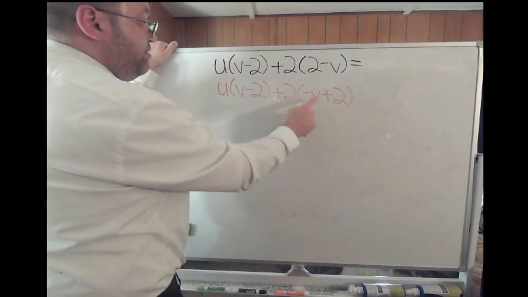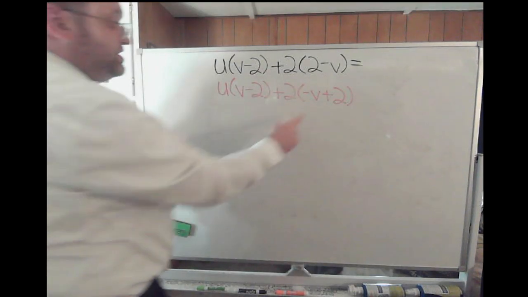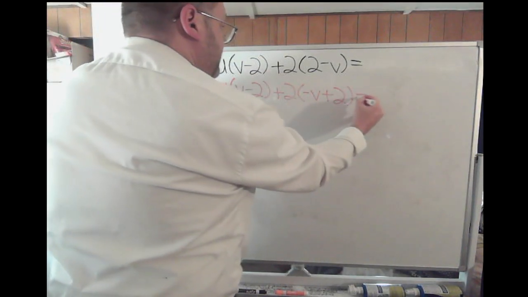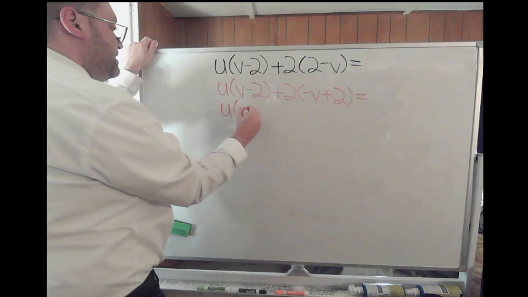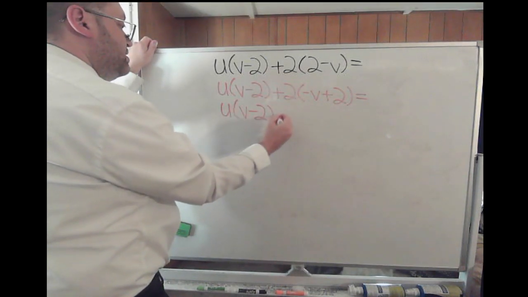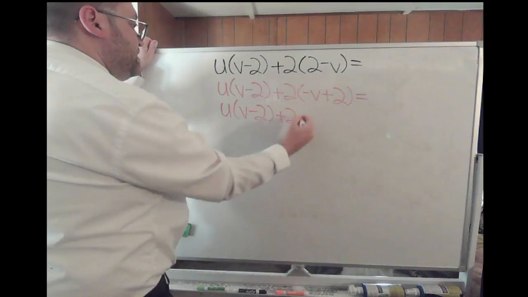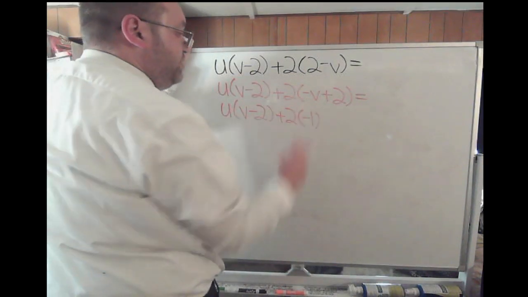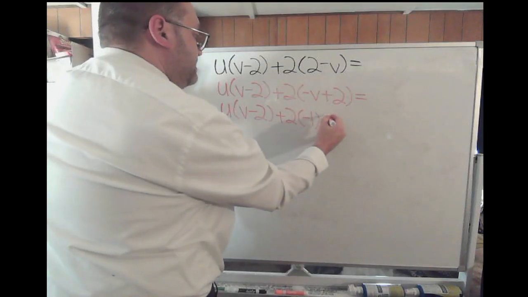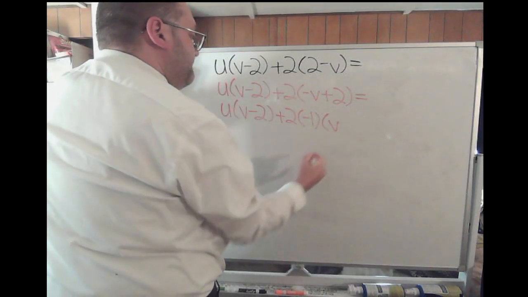And now in order to make v positive in your second term, you're going to factor out a negative 1. So you'll take u times the quantity of v minus 2 plus 2 times the quantity of negative 1. Now negative 1 times what equals negative v? That'd be positive v.